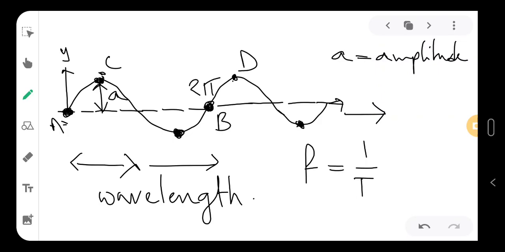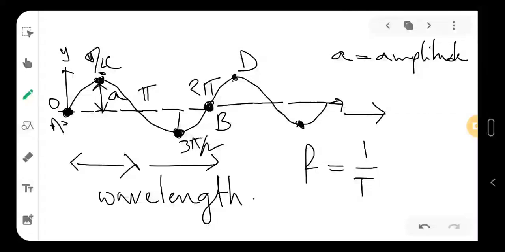Or you can say that the energy has come from one certain point to another in that time period. So this point will be your 2 pi, this point will be your pi, this is your 3 pi by 2, this is your pi by 2, and this is your 0.